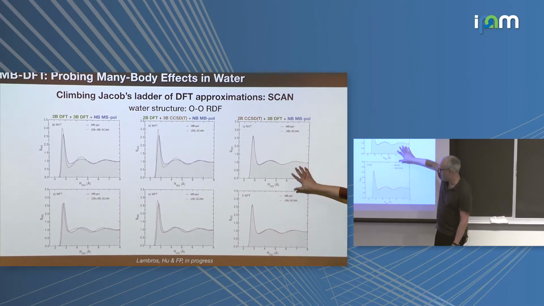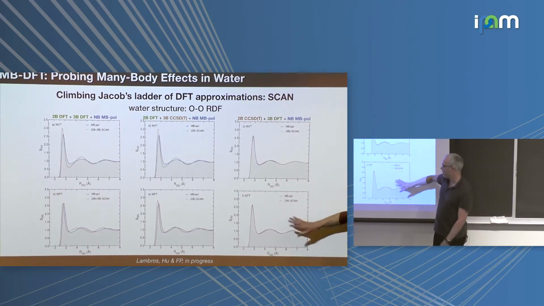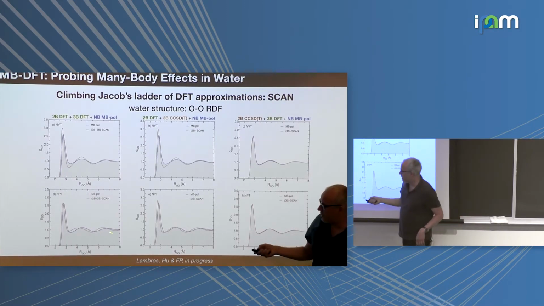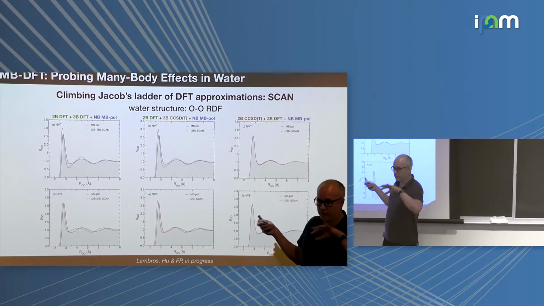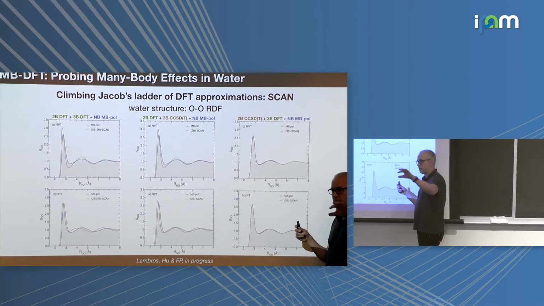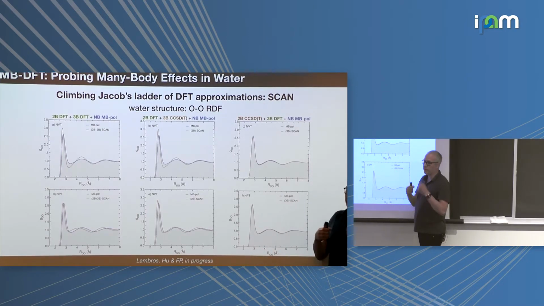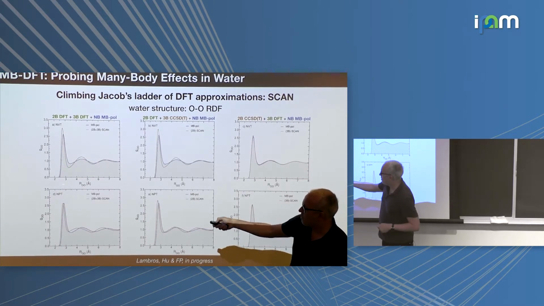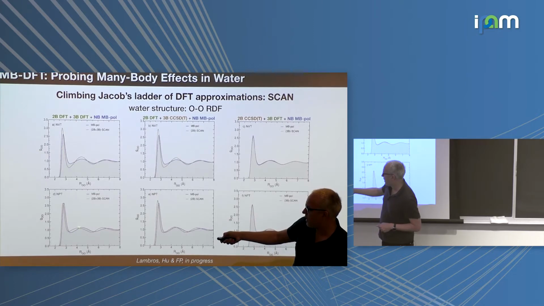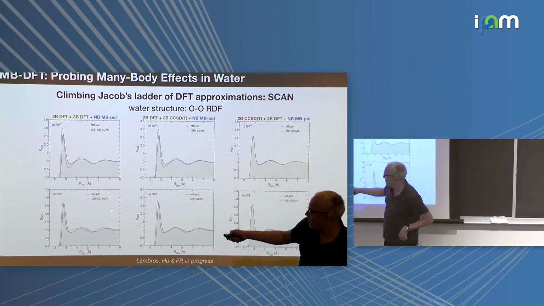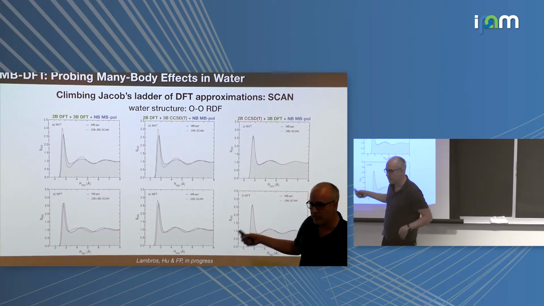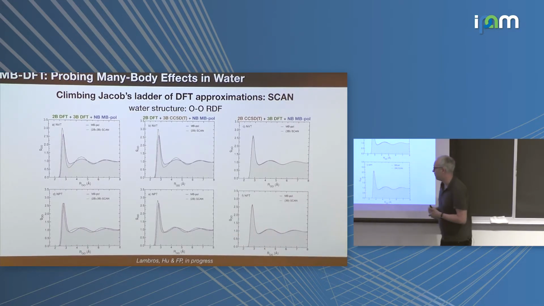This is Winan, who was mapping his network on a simulation with SCAN. And you can see that SCAN, because it has this error at the two-body level, if you remember in my picture, the two-body level was over-binding, makes water a little bit too dense, too close, but also more ice-like. And when you relieve the density, so this is now in the NPT simulation, you start getting this high-density phase.